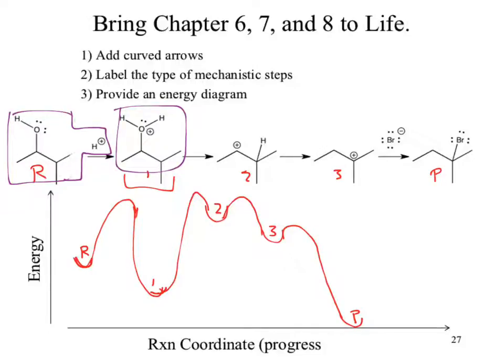I don't expect you to label those peaks and nail down which activation energy is necessarily, not necessarily activation energy, but the transition state. Which transition state is higher or lower than another. I just kind of expect you to connect the energy wells. I don't really care about the height of your transition states. Notice that I've got that last one a little bit lower than all the others. It's just kind of arbitrary.